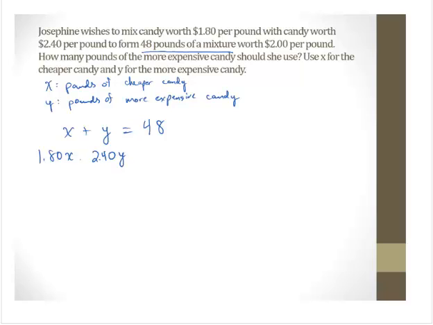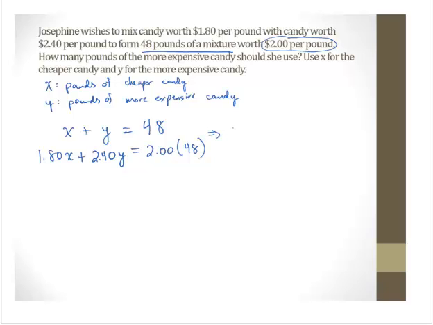If we add those values together, that must be equal to the value of the mixture. The mixture is worth $2 a pound, and it weighs 48 pounds, so $2 a pound by 48 pounds. So here's the system that we can use. Let me simplify the second equation.